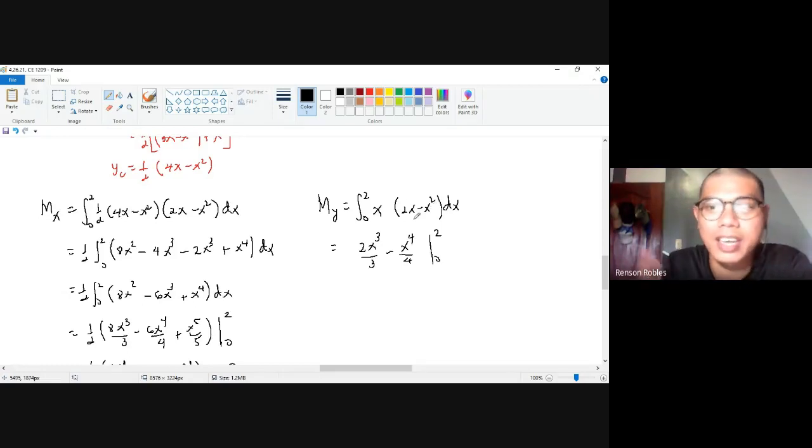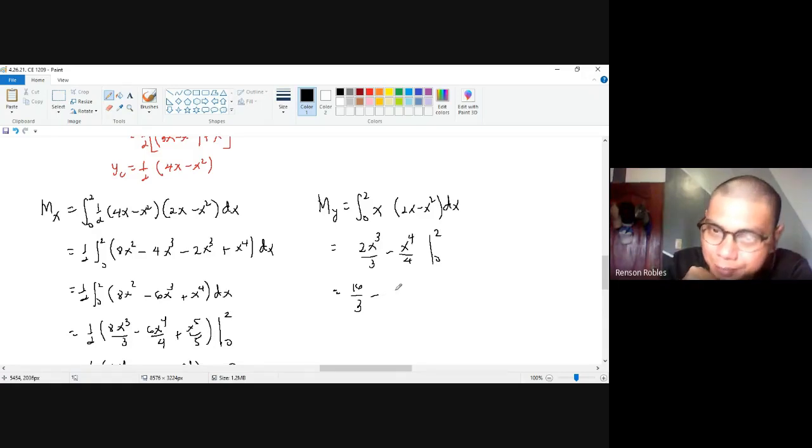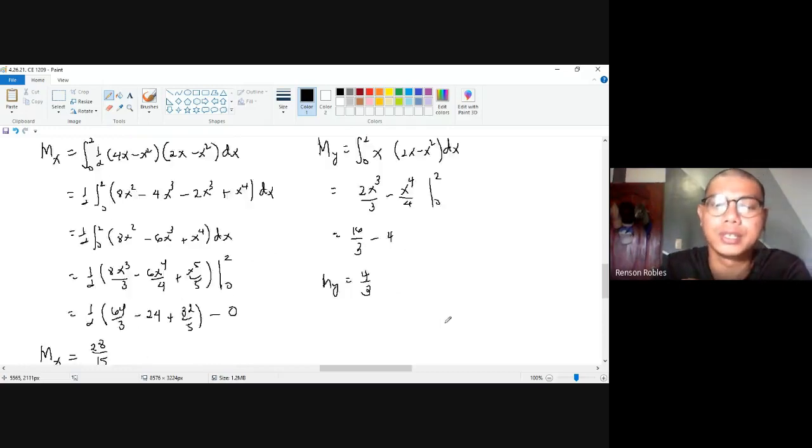X times x squared, x cubed. Integrate. X to the 4 over 4. Then you have 2 cubed, it's 8 times 2. 16 over 3. Then minus 2 to the 4, 16 over 4. It's 4. And then therefore, my equals 3 times negative 4, it's negative 12. 16 minus 12, 4/3.